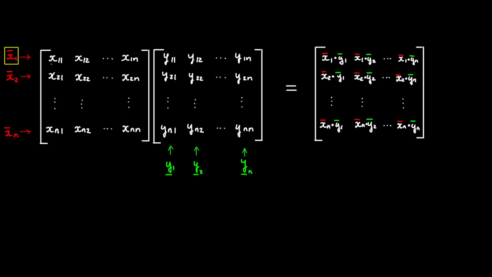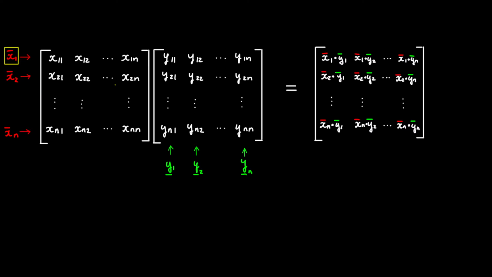The row vector of the first matrix, in the first row here is this x1. The second row is this vector here. And then the last vector in the nth component is this vector here. Then the y's here represent the columns of the second matrix. And why are we labeling these things? Because everything I've listed here is n-dimensional vectors. So we can consider the dot products between these vectors. And so let's take a look at what we get.